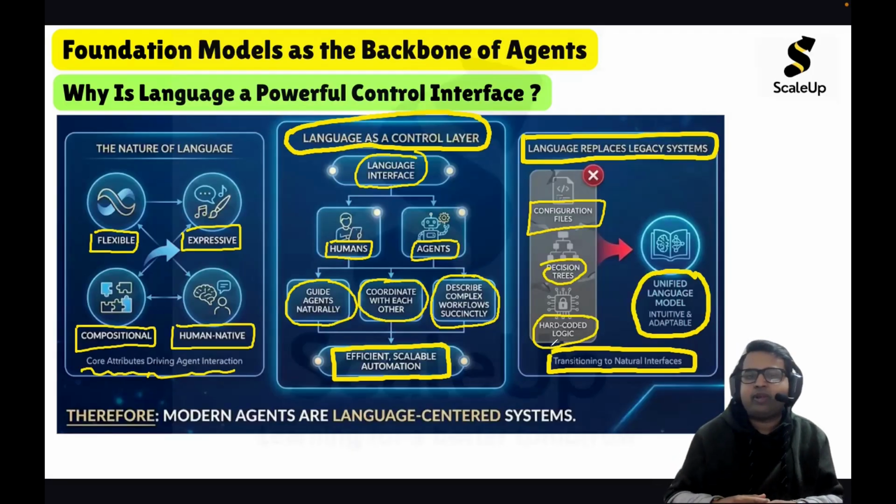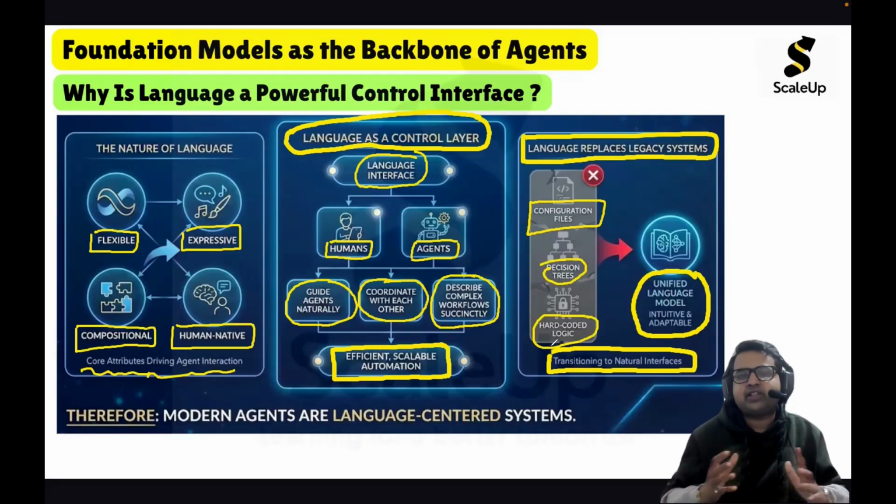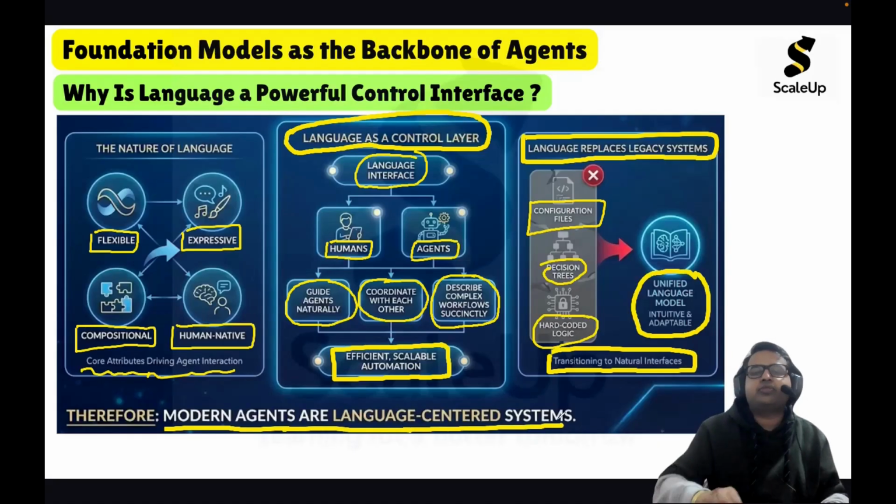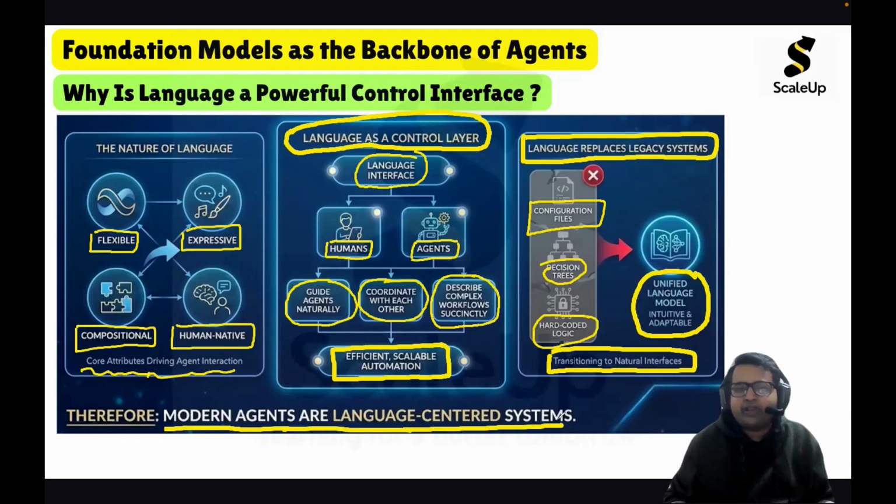Everything can be taken care of by the large language model. We just have to be very clear about the objectives and goals we want to achieve. So modern agents are language-centered systems. Agentic AI is all about language-centered systems.